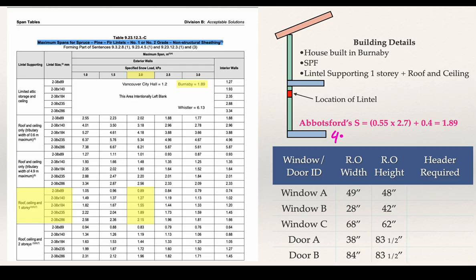So for example, 49 times 25.4 is equal to 1,245 millimeters, but if you just change that to a decimal, it becomes 1.245 meters. So now we have 1.245. We're going to look here. A double 2x4 does not work, but a double 2x6 works because this is less than 1.27. So we can get away with a double 2x6.